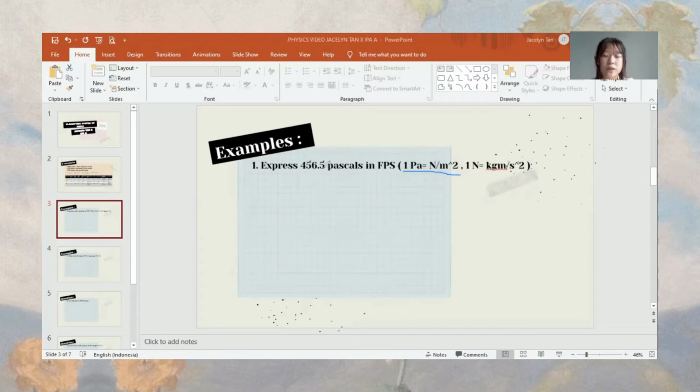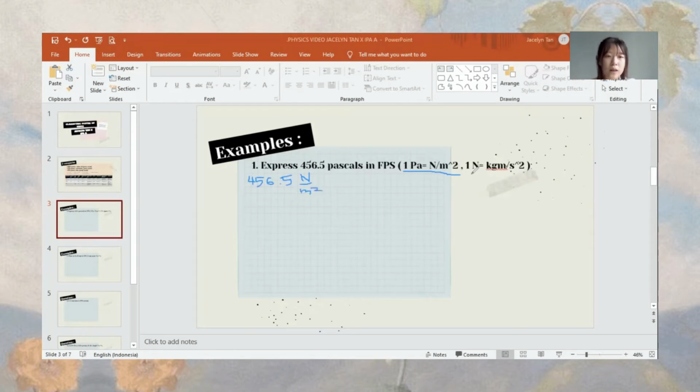So 456.5 pascals is equal to 456.5 Newton per meter squared.